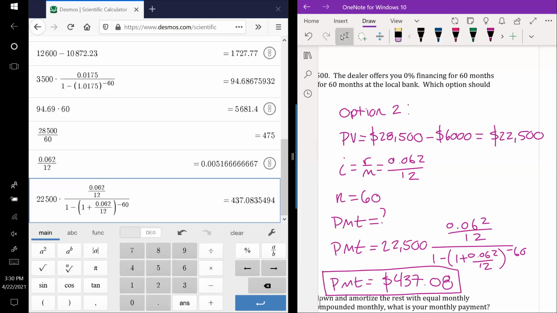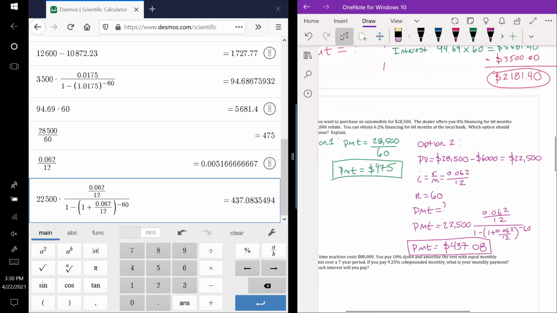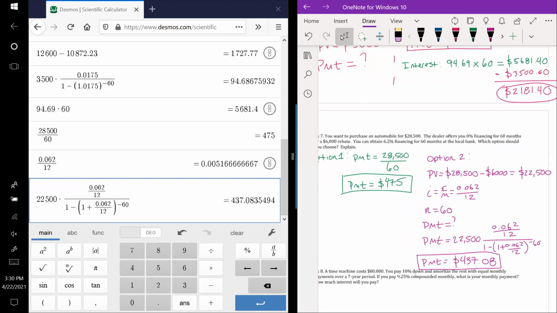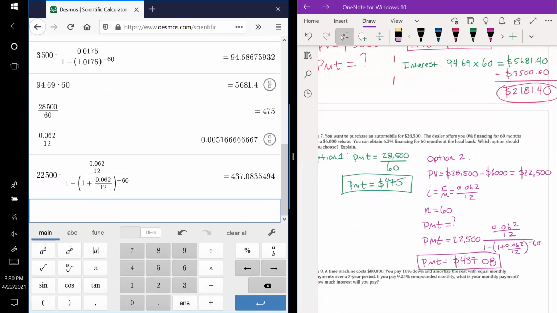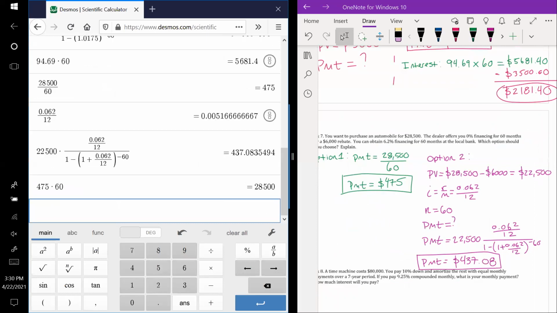There we go. So who has the better deal? I don't know. Let's see. Right. You'll pay back 28,500. And then here, 437.8 times 60.